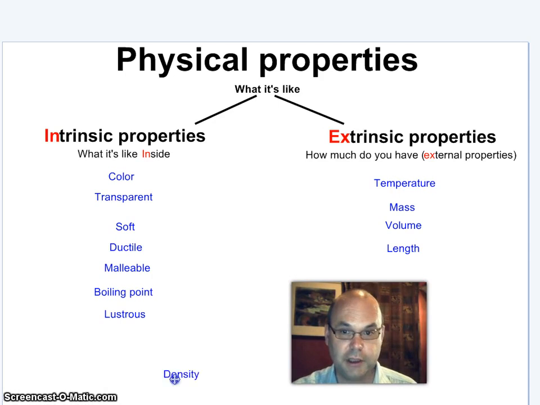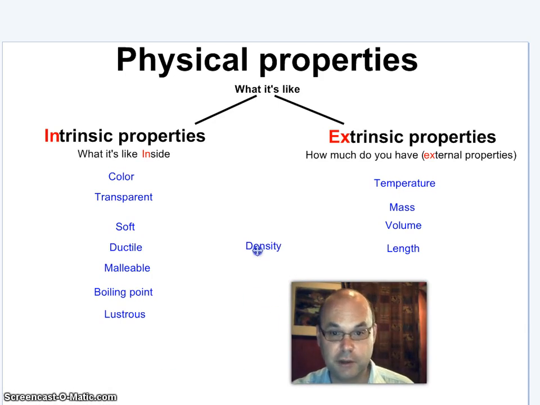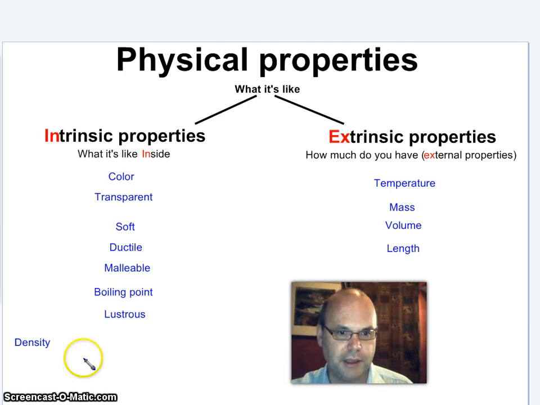And the last one, density. We're going to talk about density later in another lesson. Density is actually an intrinsic property. It's very interesting. Density is where you take a mass of something and you divide it by how much volume, how much space it takes up.